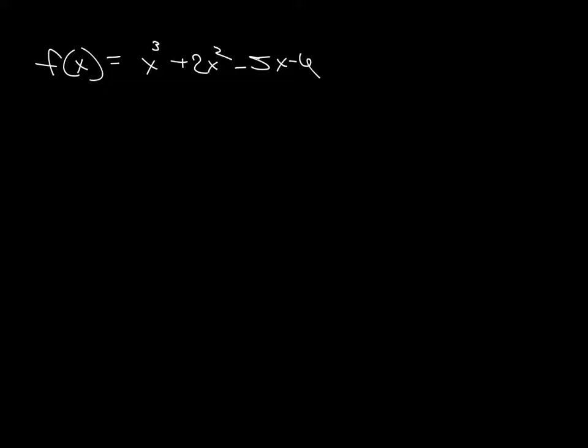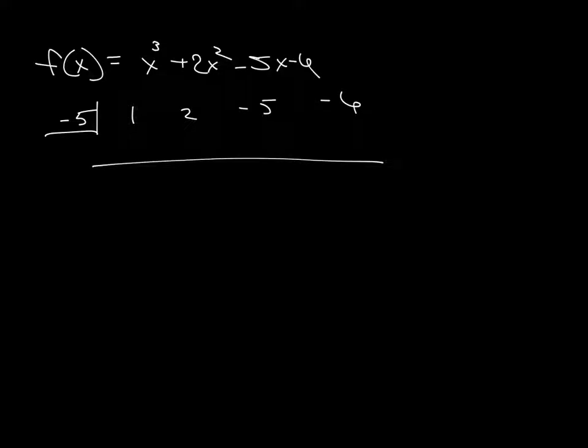Now right now it's kind of pretty much a trial and error thing. We just do synthetic division. We just pick a number and see if it goes evenly into this. If it does, if we get a remainder of 0 when we do synthetic division, like if I just pick -5, and I did a 1, 2, -5, -6 here, and I did my synthetic division, and I ended up with a 0 here, then this is a 0 of this equation.